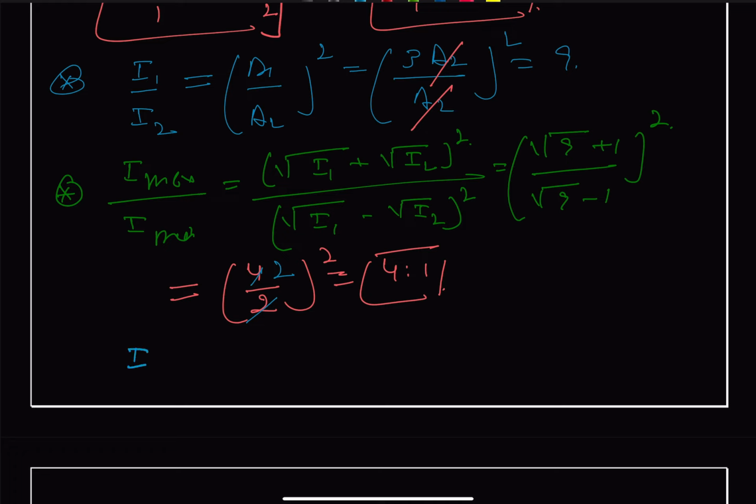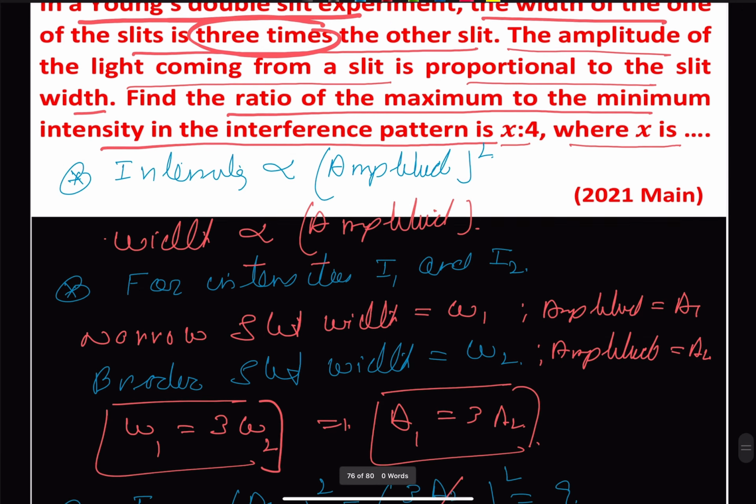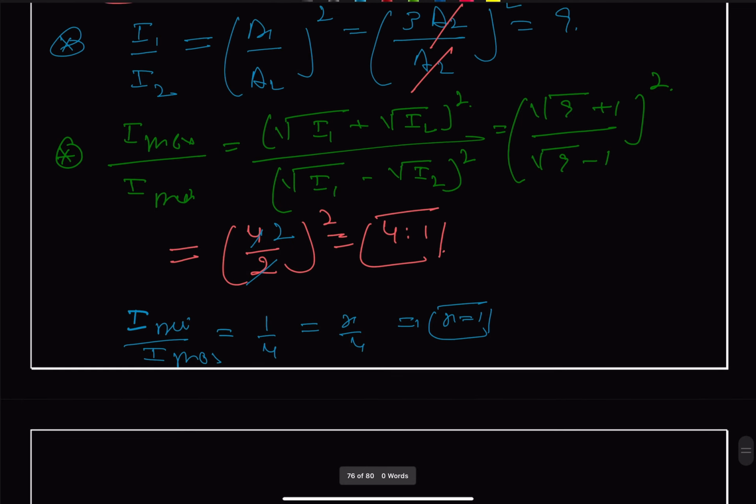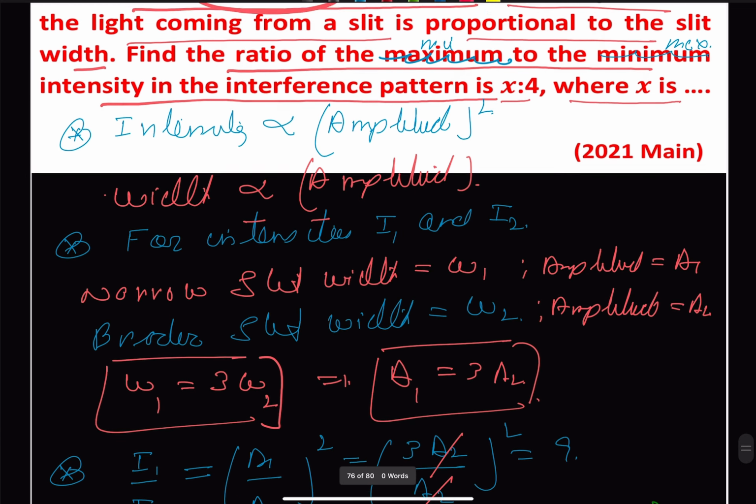So I minimum to I maximum will be equal to 1 by 4, which is x by 4, giving us the value of x equal to 1. So I think there is some problem in the question. The ratio of minimum to maximum gives x by 4, otherwise it won't match. So the value of x will be equal to 1.